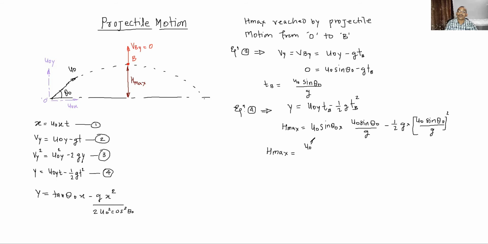That means u0 square sin square theta 0 upon 2g. This is the formula for h maximum. So during motion, when the projectile attains maximum height, what is important is that the vertical component of velocity becomes 0.